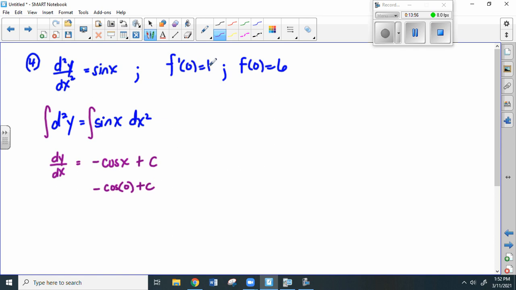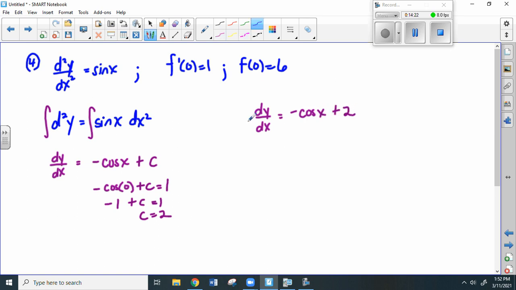And according to this, it is equal to 1. And then I can solve for c. Well, cosine of 0 is 1, but there's a negative in front of that. And then when I get c by itself, I get 2. All right, so my first solution here is negative cosine of x plus 2.